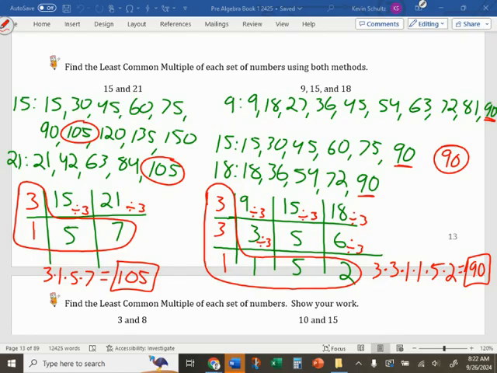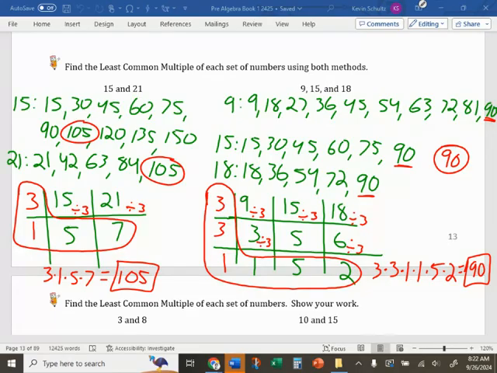Okay. I have a question. What if you're doing the table method, and there's one number that can be divided again, but then the others can't? Can you still divide it down or no? Give me an example.